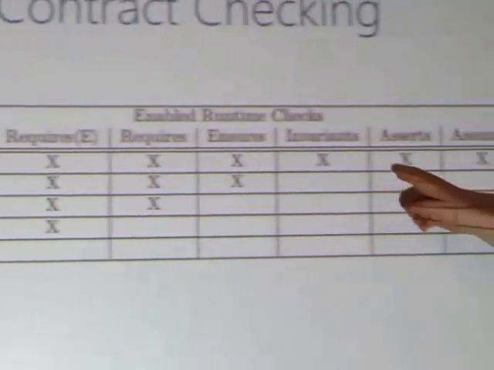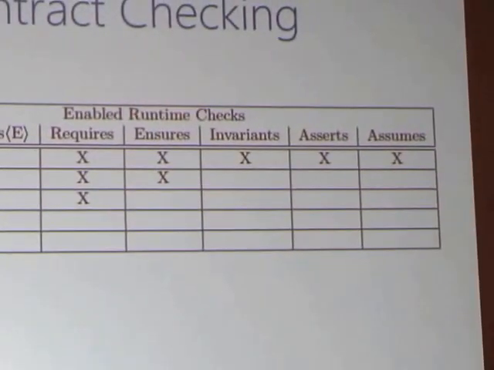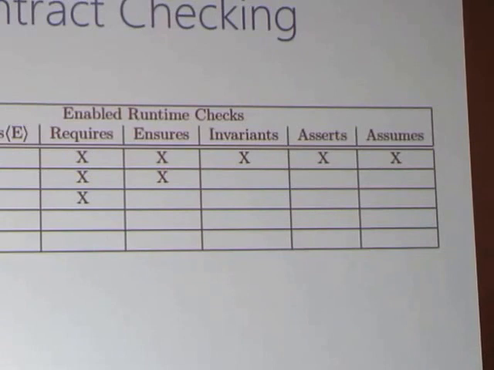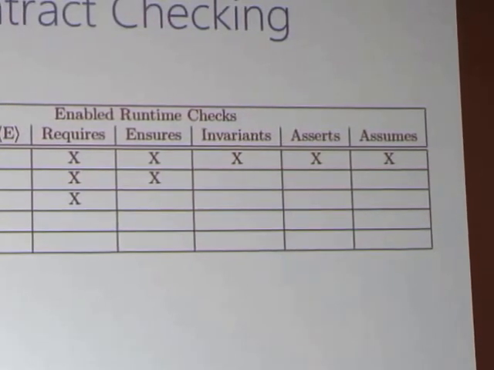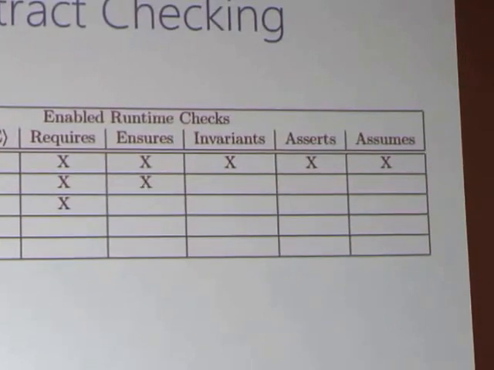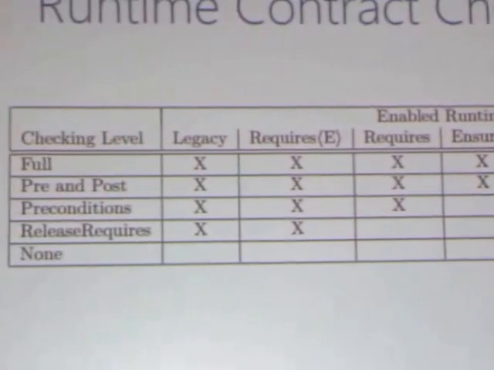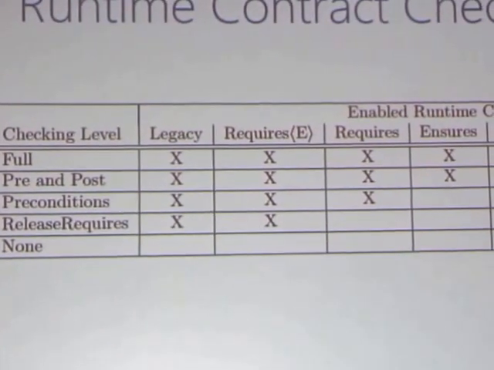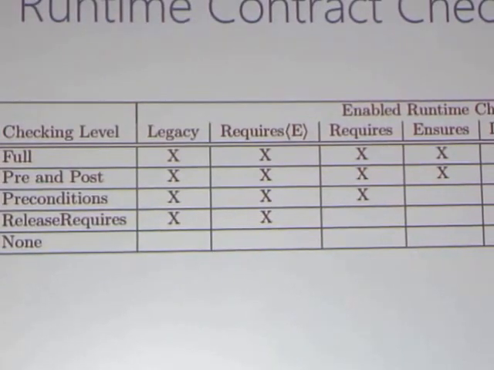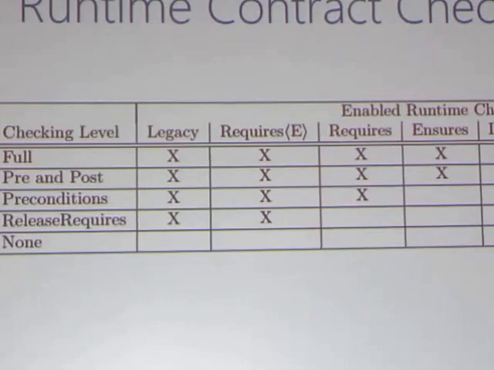And for invariants, asserts, assumes, your contract will simply be removed and nothing will happen if you violate these contracts. Clear? And so on. For preconditions, release requires, and for none, basically you put your contracts, they will go into the help, but nothing will happen with your code.